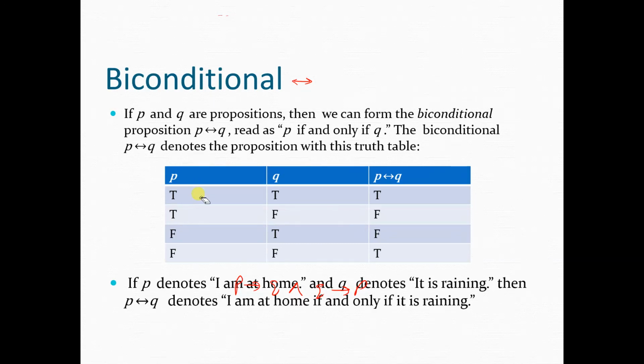If we denote P as I am at home, and Q by it is raining, then the biconditional denotes I am at home if and only if it is raining, right? So this is the biconditional of P and Q.